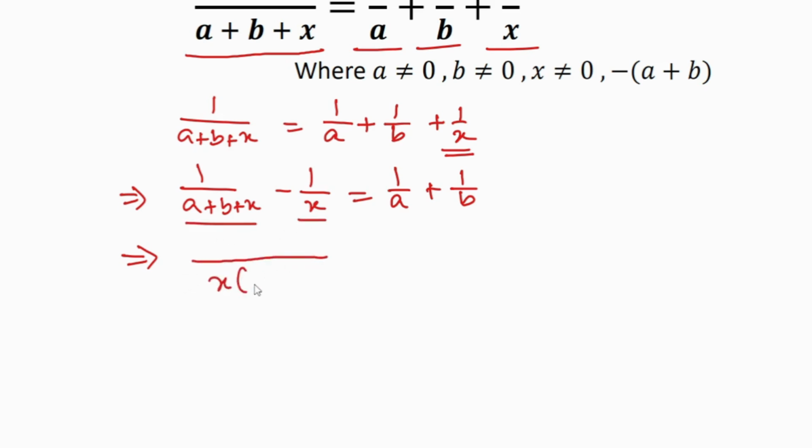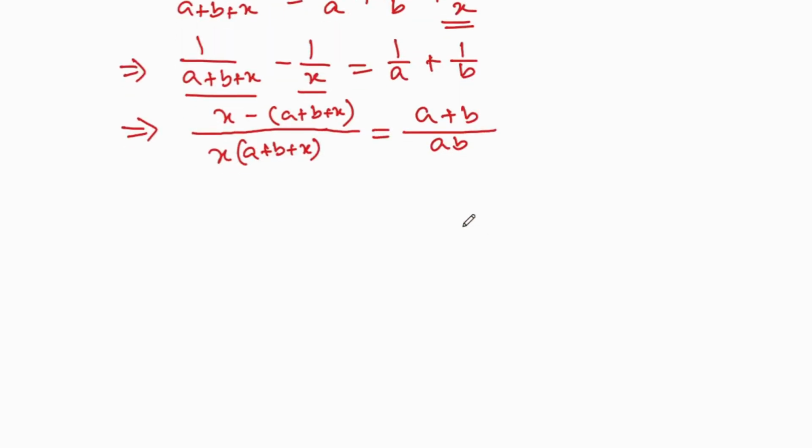So what we get? x(a+b+x), this is the LCM of the denominators. After calculating, we get the numerator x - (a+b+x). In the right hand side, the LCM is a times b, so here we get a+b.